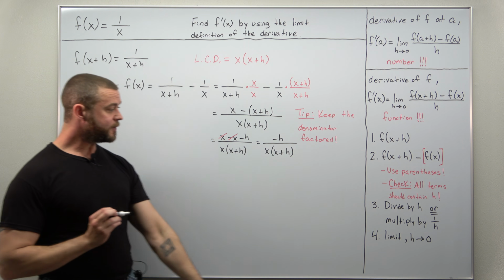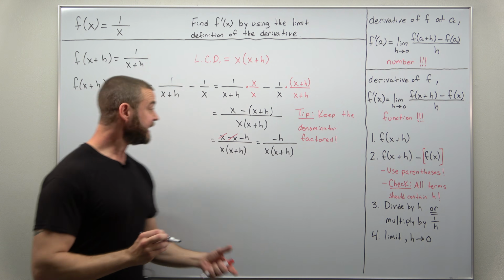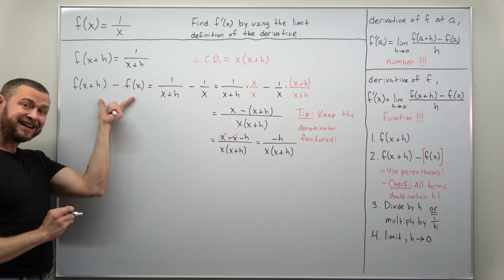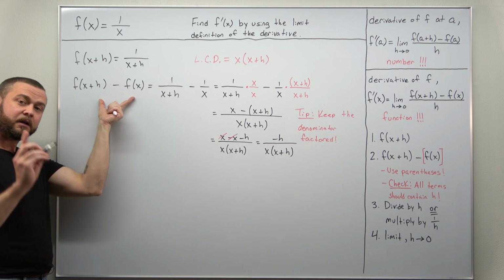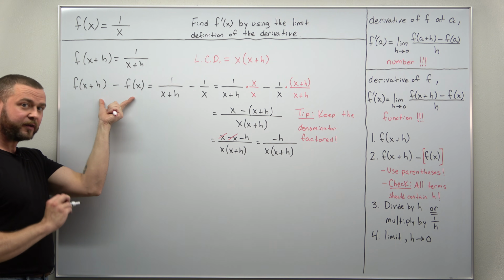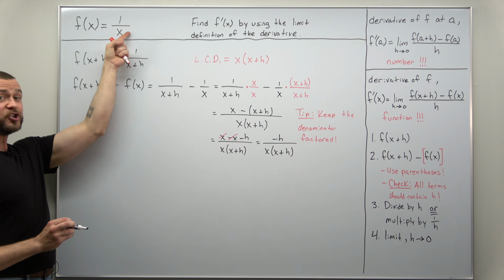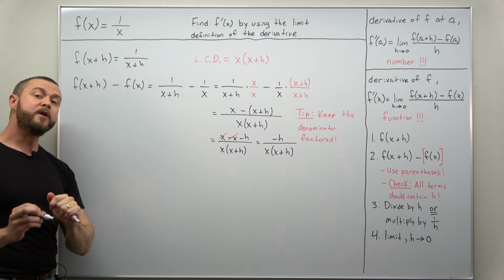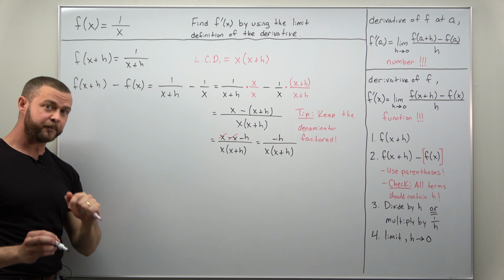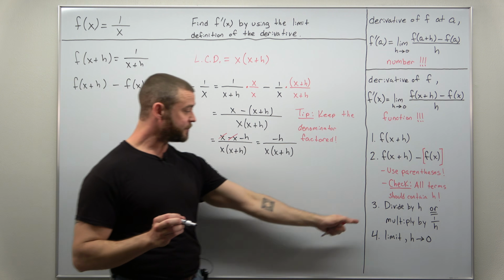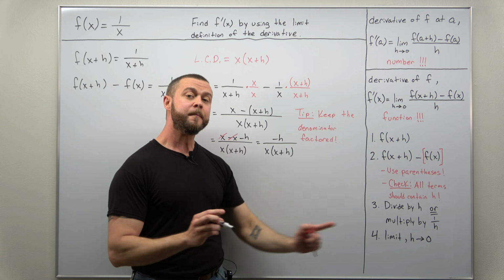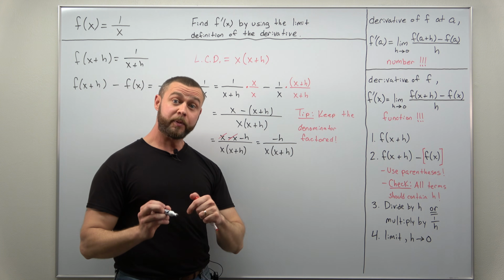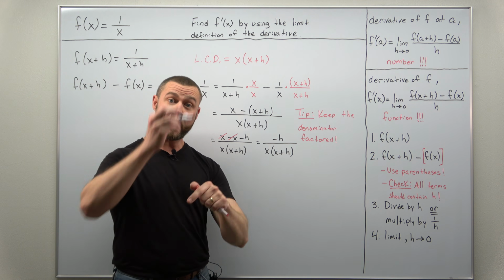All right, now we're going to move on to step 3, which is taking this difference and dividing by h. Now, we're going to use the equivalent version because our function is a fraction, and we don't want to have fractions within fractions. So instead of, in step 3, dividing by h, it's equivalent to multiply by its reciprocal, 1 over h.